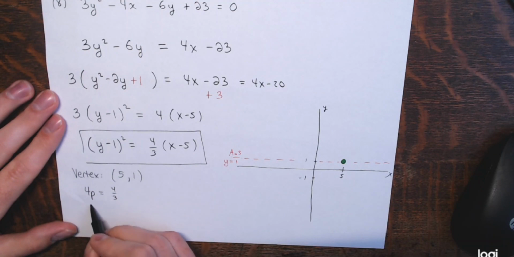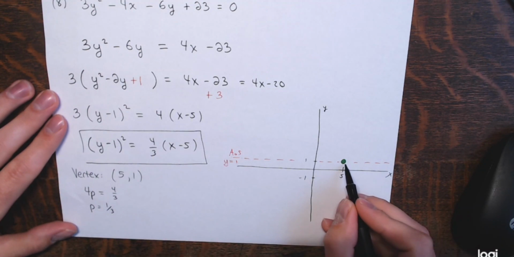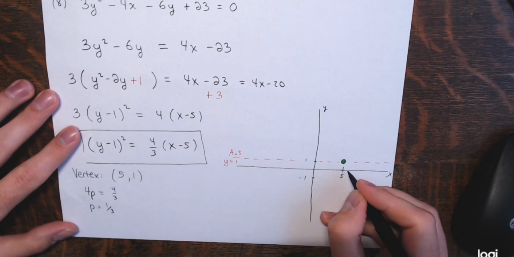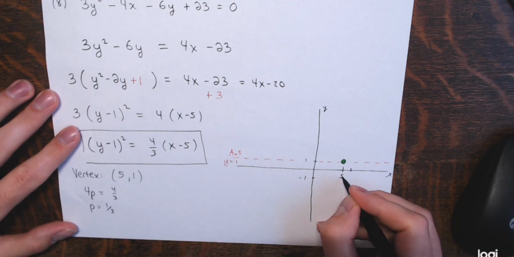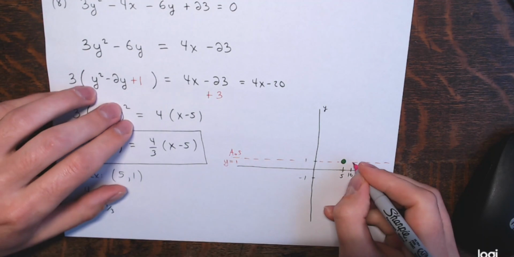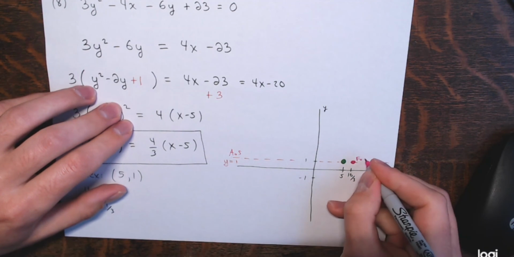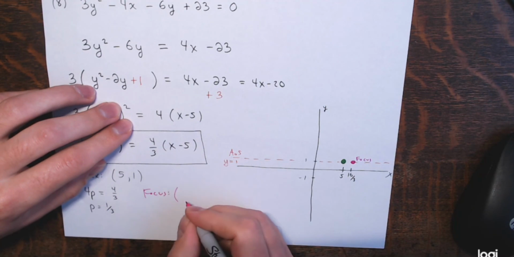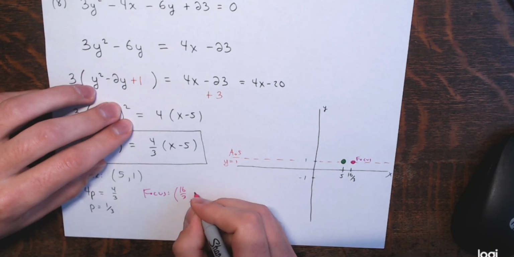So p is, again, positive 1 third, meaning that the focus is 1 third of a unit to the right of the vertex. So that's 15 thirds. 1 unit right would be 16 thirds. So here's the focus. Right, so the focus would be at 16 thirds, comma 1.